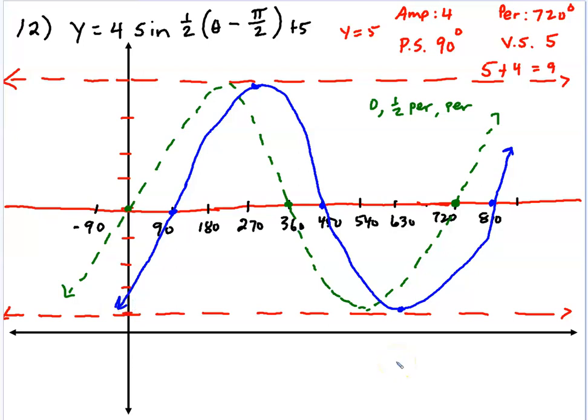So that's a 90-degree shift in addition to a shift of 5 upward. Okay, so I hope that helps. It's 2 of the ones that you had to do. And if you have any questions on the others, you're welcome to email me, and I'll see you next time.